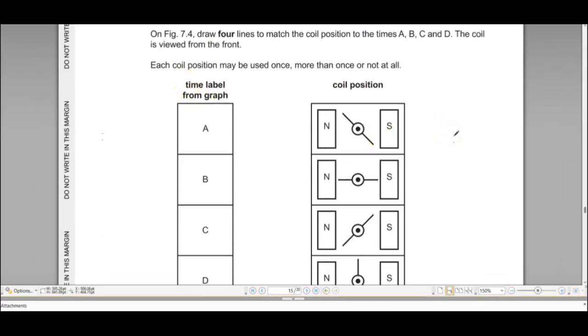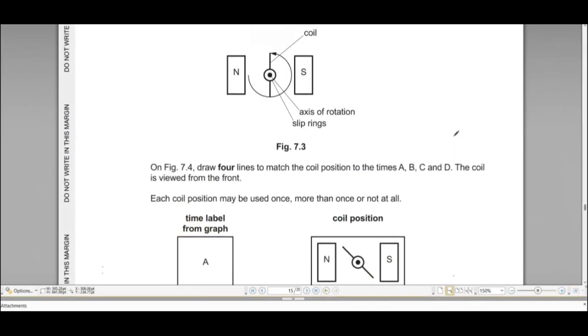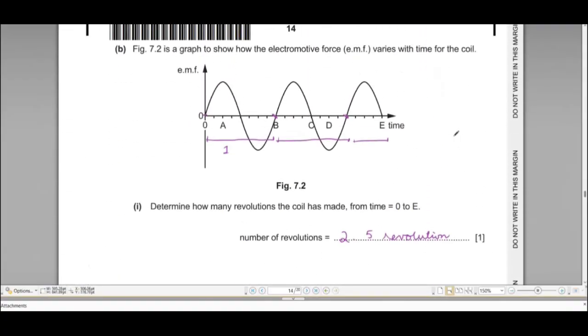So if we now look at the graph, we can see that at position A, the EMF is going to be maximum, so the coil is going to be horizontal like this.